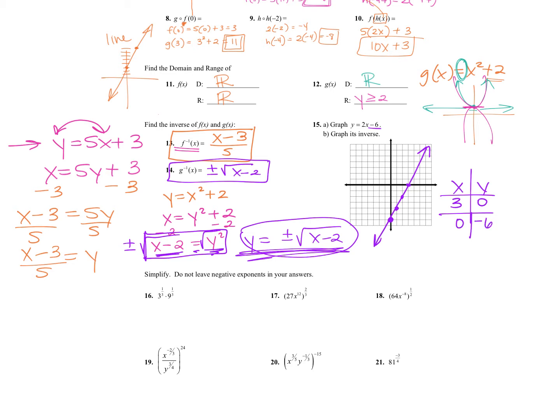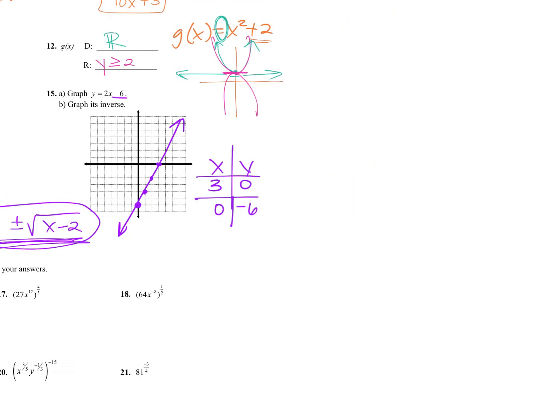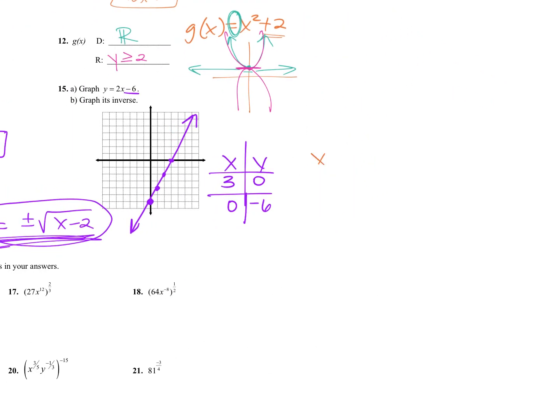Okay, so that's the original function. To find the inverse, we just flip it. So our inverse function is going to be 0, 3, and -6, 0. So 0, 3, 1, 2, 3, and -6, 0, 1, 2, 3, 4, 5, 6. Goes like that.